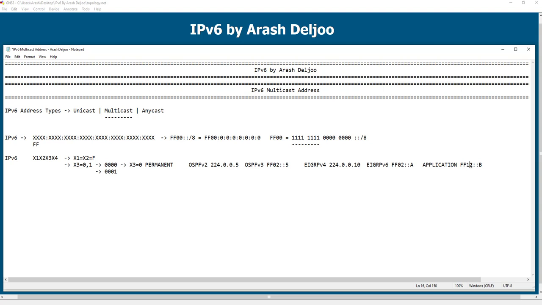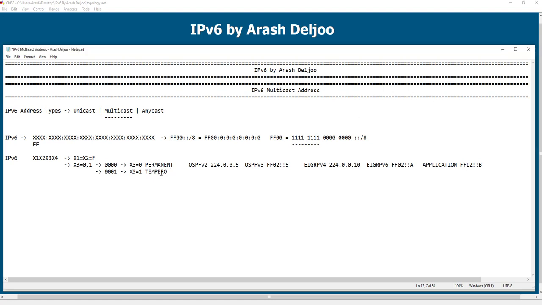This means that the 1 shows that this IP address is temporary and it's not reserved for an application, for example by the IANA. If x3 is 1, this multicast IP address is temporary and it is not reserved for an application or some other tools.